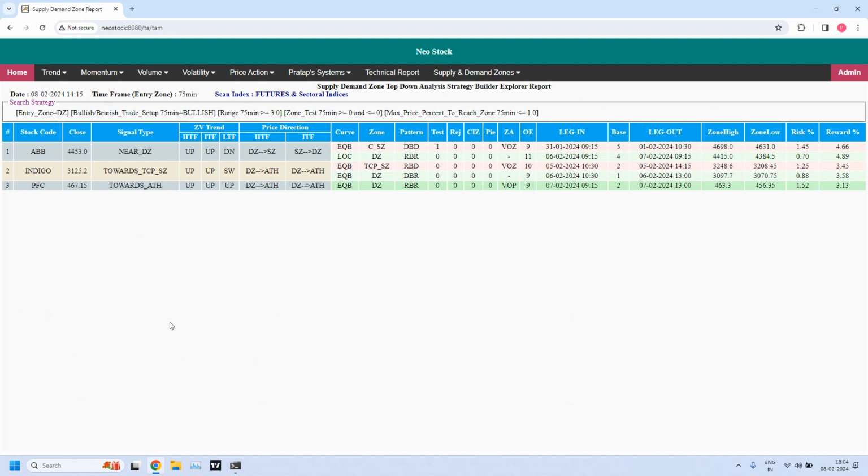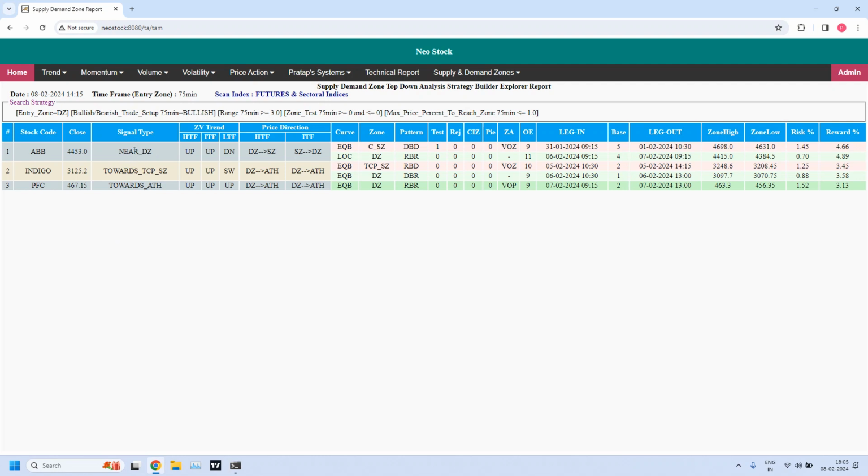Yes, 3 stocks are just 1% before the 75 minute zone: ABB, Indigo and Power Finance Corporation, PFC. In that, ABB is moving near the demand zone.